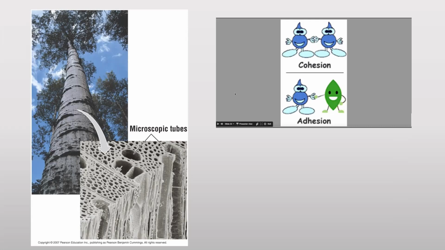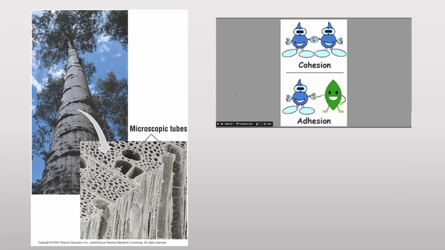It's actually pulled up through, see all these little tubes here? These are the vessels of the plant. So you can think of the water molecules as forming like a string of pearls. One hooks to the next one, right? And if you look at the undersides of leaves, you'll see that they have little pores there. They're called stomata. And that allows for evaporation. Water is going to come out through the leaves.